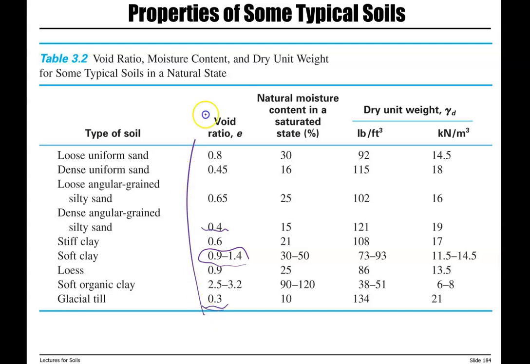So this is the range for void ratio, as low as 0.3, as high as 0.9, or even higher for soft clay, which is 1.4. This is void ratio, which is volume of void divided by volume of solids.